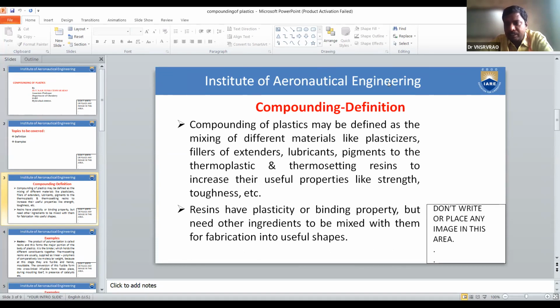So these five categories are involved in compounding of plastics. Before knowing the categories, the resins are very important, like thermoplastic and thermosetting resin. Resins have the binding property but need other ingredients mixed with them for fabrication into useful shapes.